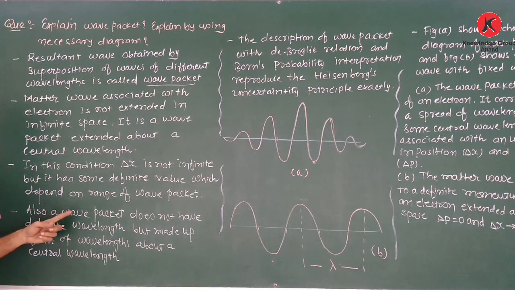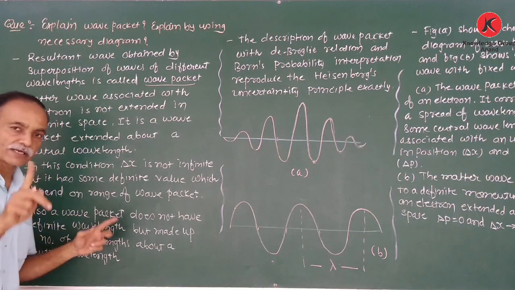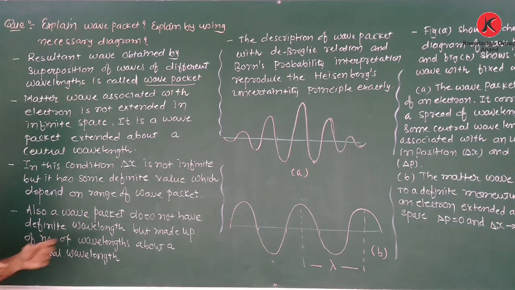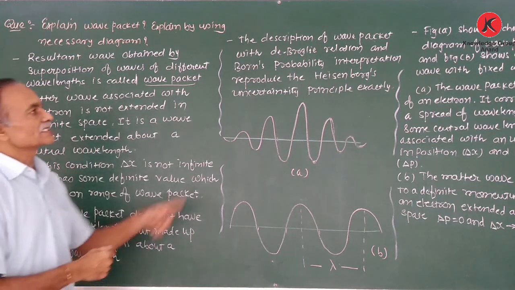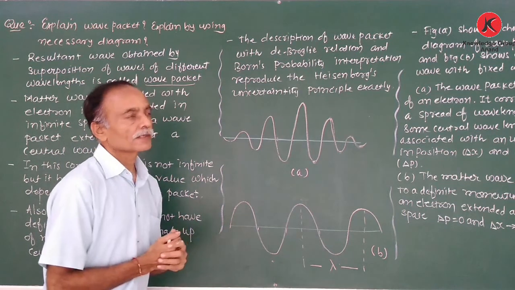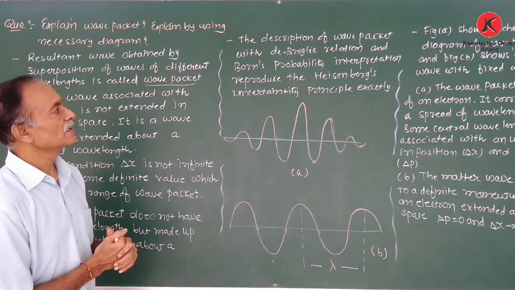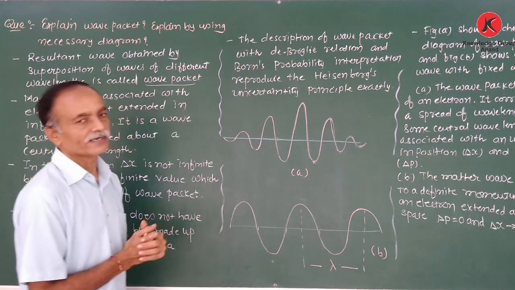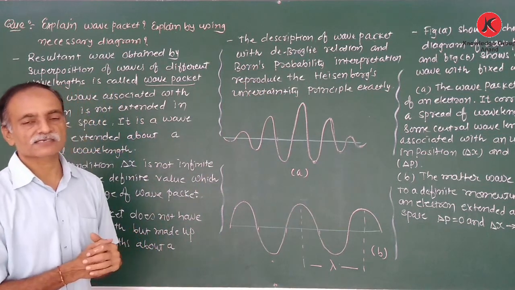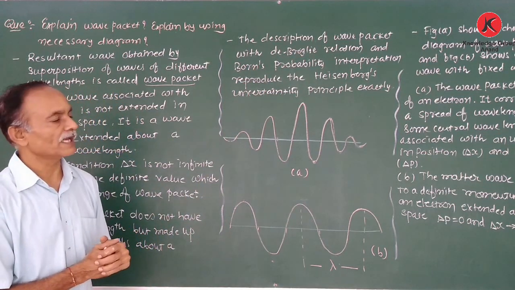The wave packet is made up of the superposition of waves with different wavelengths, but it has a central wavelength. The description of the wave packet with the de Broglie relation and Born's probability interpretation reproduces Heisenberg's uncertainty principle exactly.